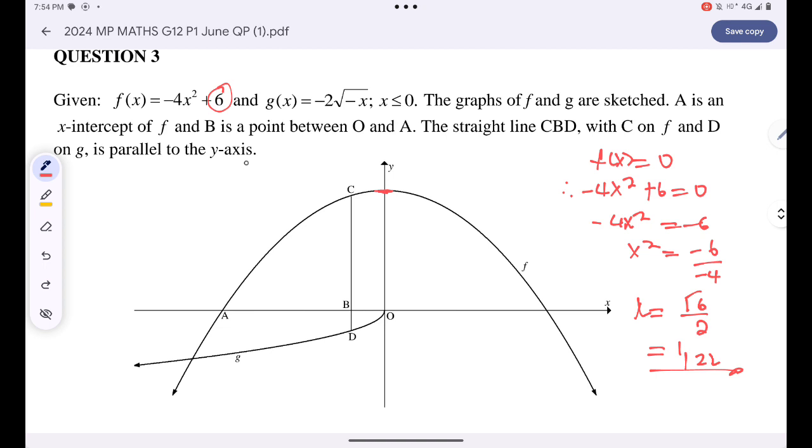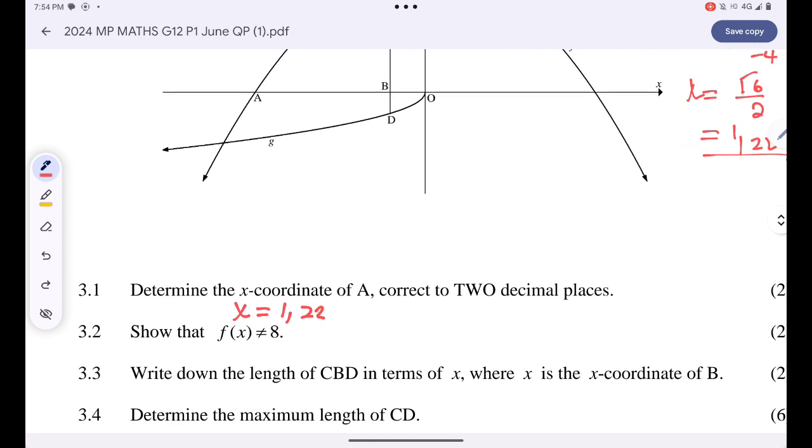Why? Because the line y is equal to 8 will be somewhere above there, and these two will not intersect one another. Are you together, guys? So since the range is y is less than or equal to 6, therefore f of x cannot be equal to 8.